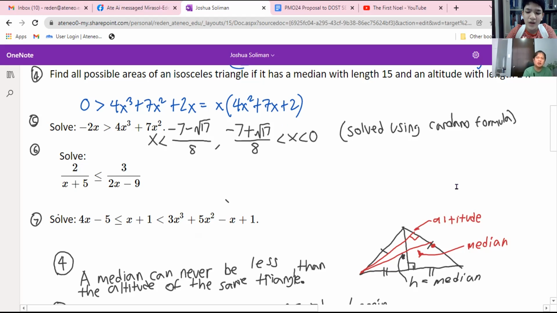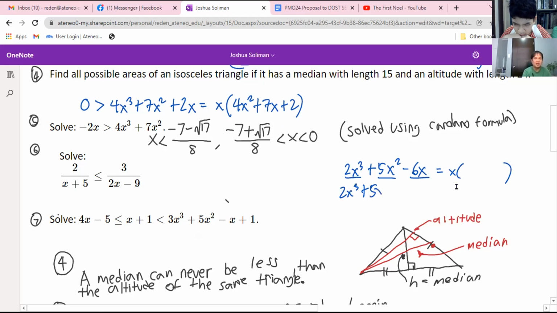All right, hold on. If it was 2x cubed plus 5x squared minus 6x, observe how the three terms all have x as a factor. And so therefore, we can factor x out. But if this was 2x cubed plus 5x squared minus 6x plus 7, unfortunately, even if the first three terms all have x as a common factor, 7 does not.